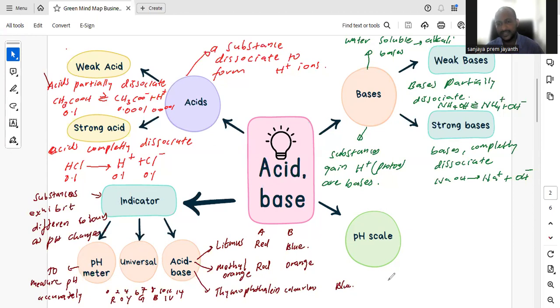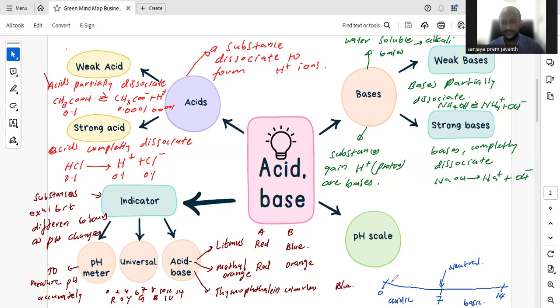The pH scale goes from 0 to 14. 0 to 7, this range is acidic. 7 to 14, this range is basic. And pH 7 is neutral.